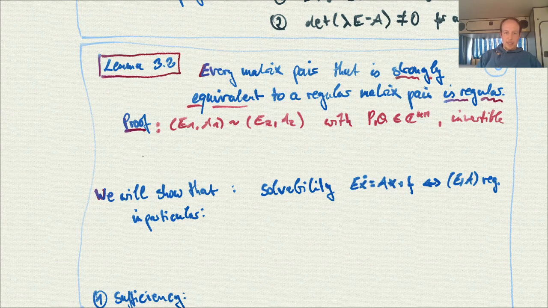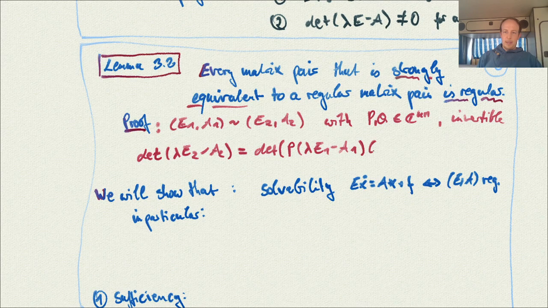Then it holds that the determinant of lambda E2 minus A2 is the determinant of P times lambda E1 minus A1 times Q. And now that's a rule from taking determinants.